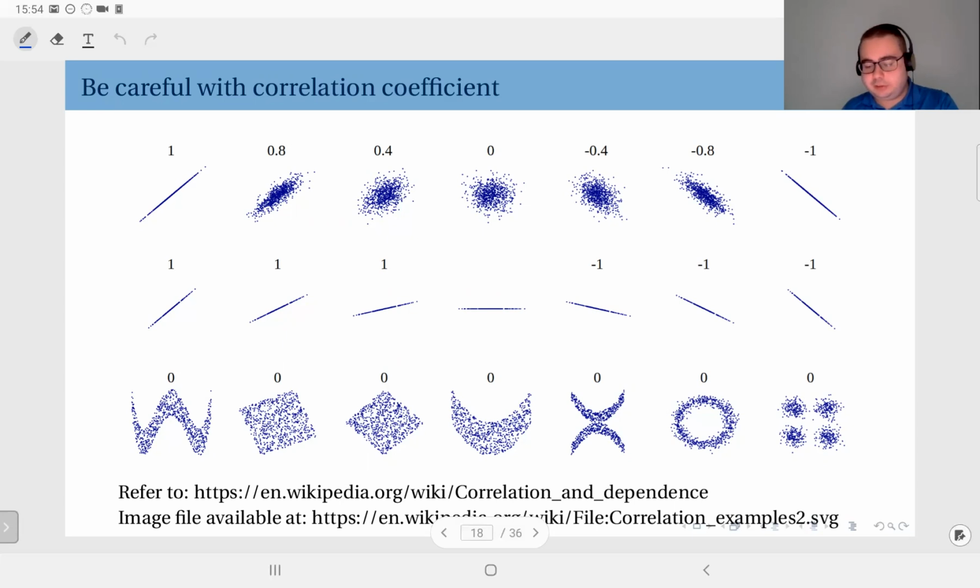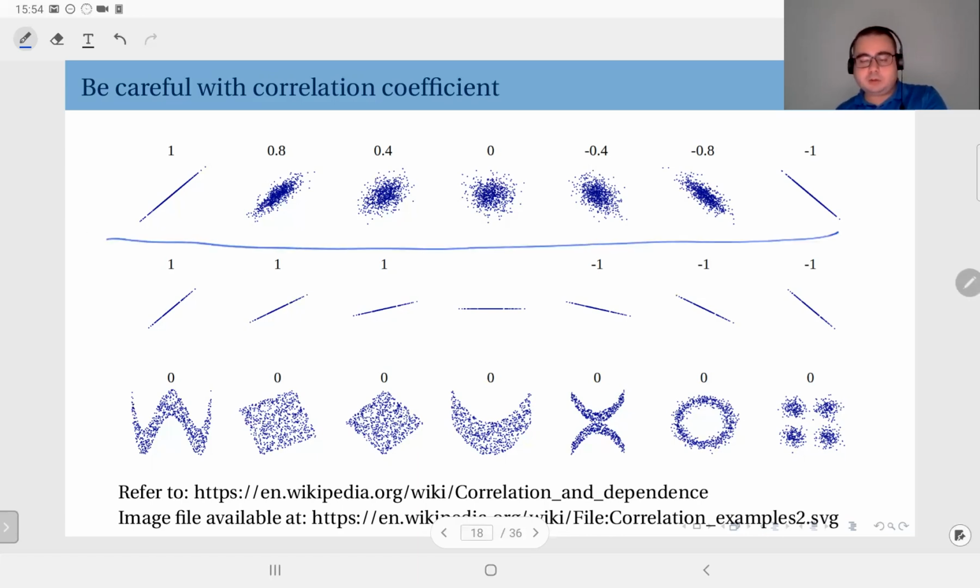Okay, so this is a figure taken from Wikipedia actually, and it demonstrates that very different dependence relations might lead to the same correlation coefficients. So for instance here, on the top row, you have several correlation coefficients.